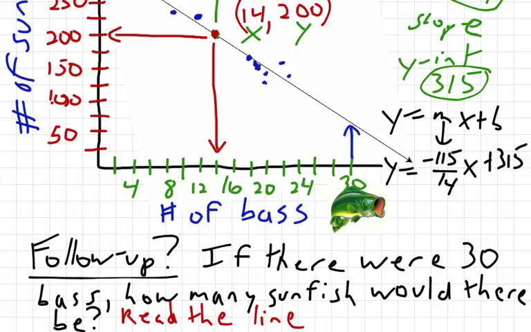That would be right there on the line. And then you look straight across to where that would be on the y-axis. And it looks like it would be right around 75 over here. So that's where those two match up. So I would say about 75 sunfish.